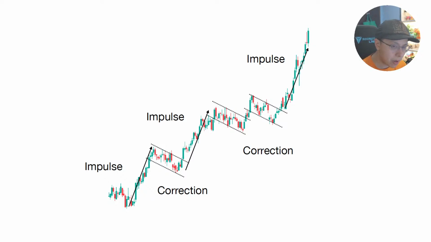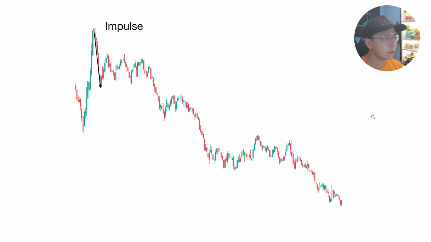So you can start to identify the pattern. When we get an impulse followed by a correction, it tends to follow the previous direction. We have a clear sense of where the market would likely head towards. So that's a high probability projection. Now the opposite side of things. The market came down fast, followed by correction. What happened next?